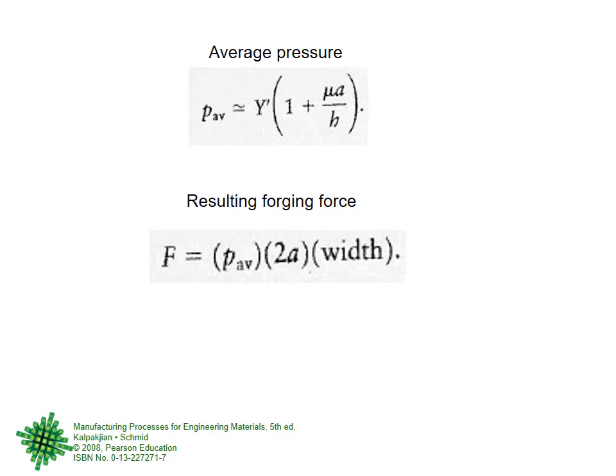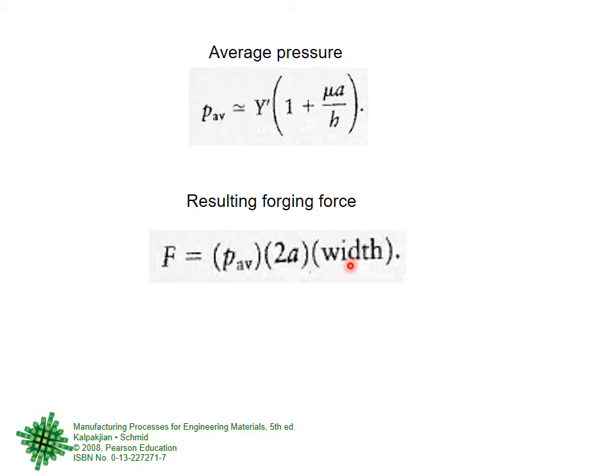So the equation for that average pressure is this, very important. It is roughly equal to this, but it is almost 99% right. Y dash, you understand, it is y 1 plus mu A upon H. A is the half width, H is the height, and this is the average pressure. If you have the pressure and you want to find the force, then you just multiply it by the area. So P average multiplied by 2A. Remember, A is the half width. 2A multiplied by the width, whatever the width is.